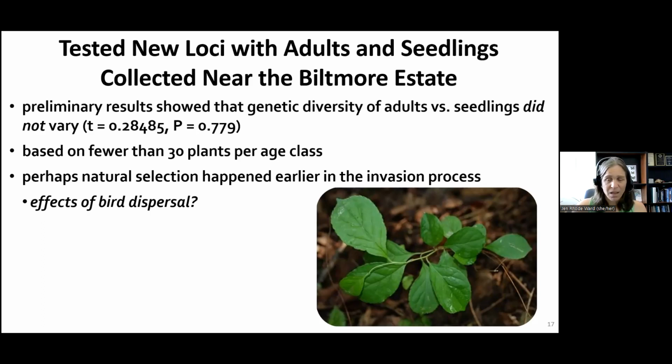And I have observed flocks of migratory birds eating Asian bittersweet fruits. So I think that even if there isn't any natural selection happening, there should be some sort of evolution through migration of these plants as seeds carried by migratory birds. But I haven't seen that yet, but stay tuned. Give me like a year or two and I'll come back.